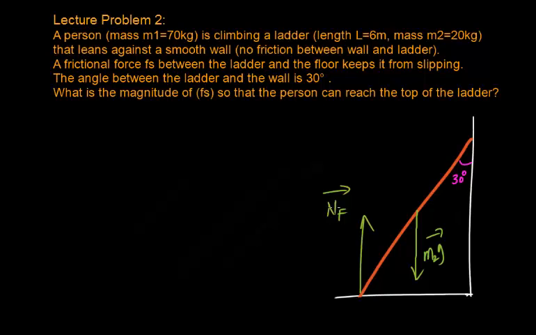Now, there is a man who is going to go all the way to the top. I'm going to represent that man by means of a box. And he is acting on the ladder with a force equal to F. That force is defined as the force of the man on the ladder. That force is the same as the force of the ladder on the man, which is the reaction force. Since the system is at equilibrium, the reaction force, which is the force of the ladder on the man, is the normal force.